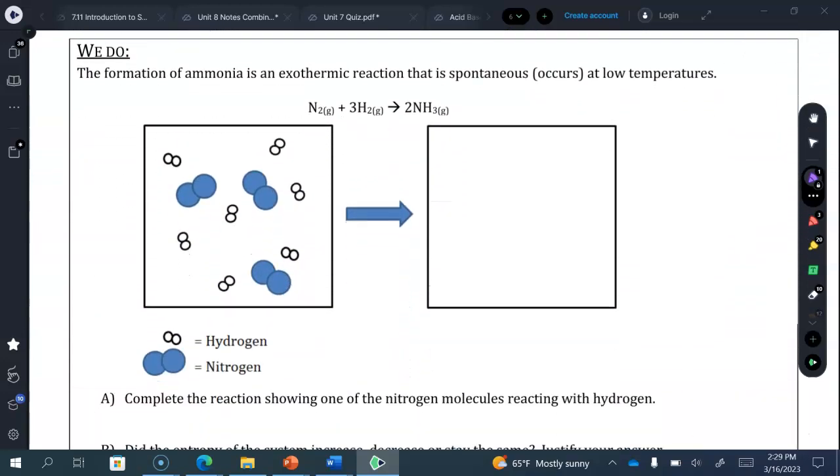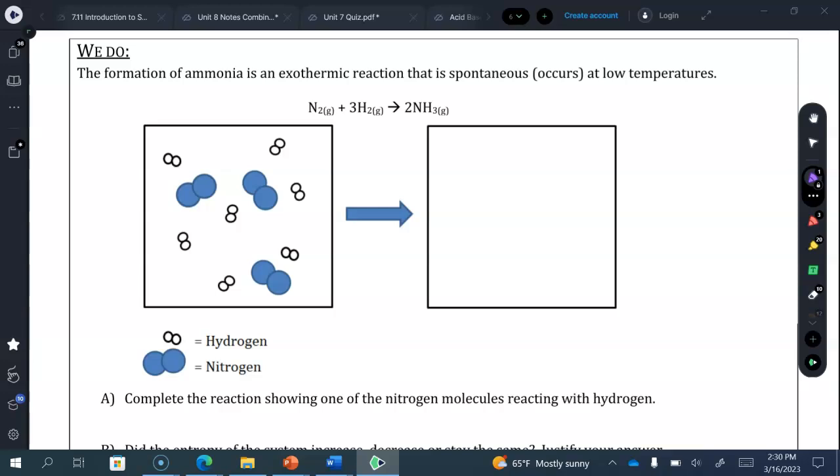Okay, now I want you to press pause on the video, and I want you to attempt this next one. The formation of ammonia is an exothermic reaction that is spontaneous or occurs at low temperatures, and it is shown here. For A, you're going to pause after I read it. Complete the reaction showing one of the nitrogen molecules reacting with hydrogen.